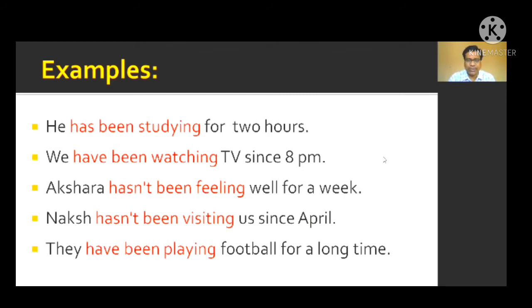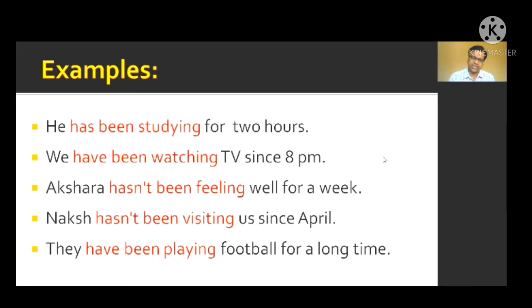They have been playing football for a long time. Suppose it is a Sunday, everybody is enjoying the weekend holiday and they are there on the football ground and they have been playing it for a long time. So they have been playing football for a long time.